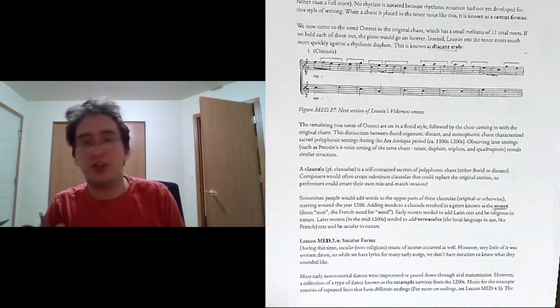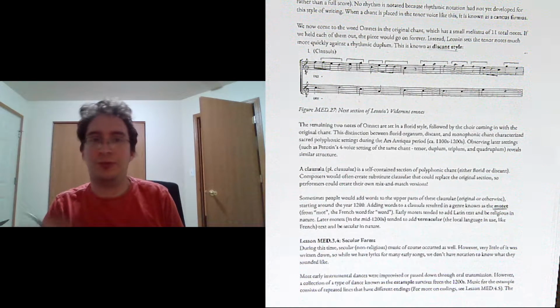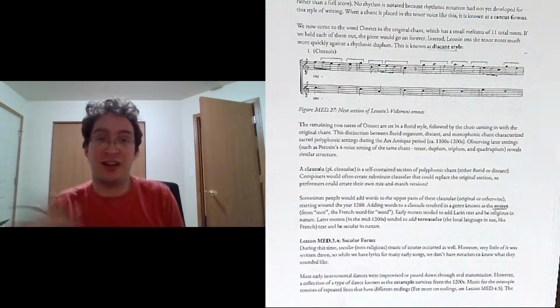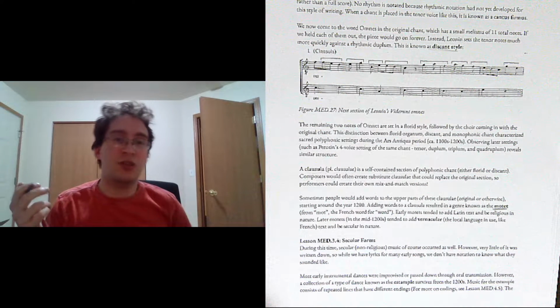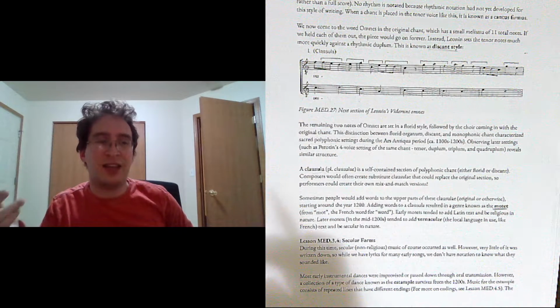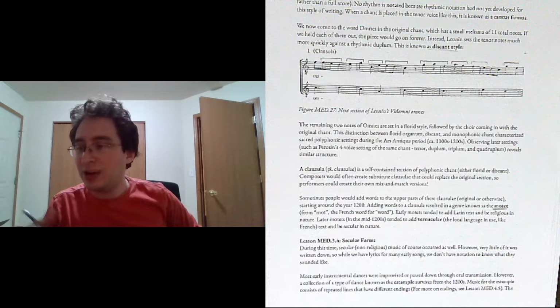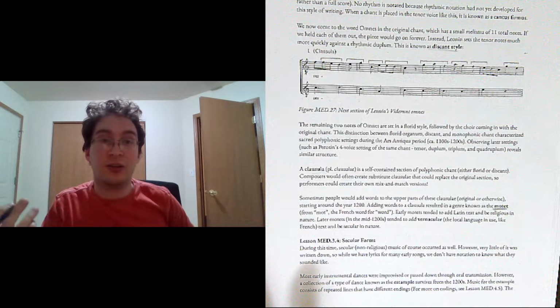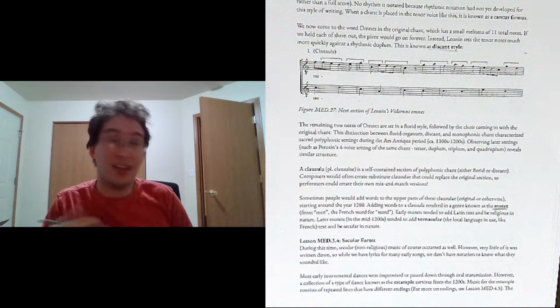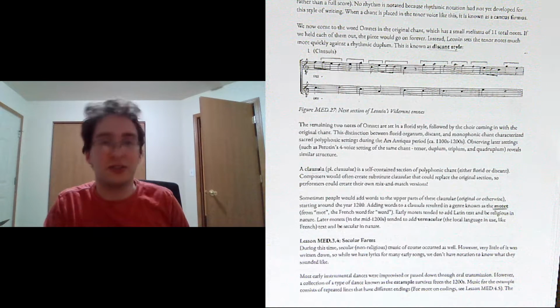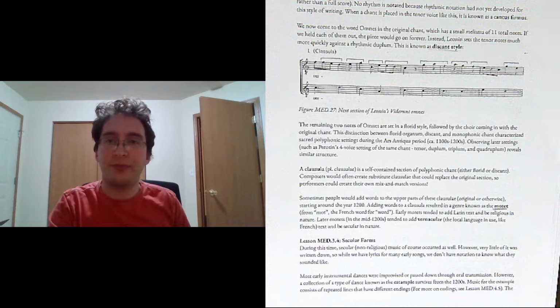Mot is the French word for word, so they're adding words to the upper part, so they just called it a motet. Exciting, thrilling. Early motets tended to be in Latin, have Latin text, and be on religious subjects. Later motets tended to be in the vernacular, or local spoken language, and be about secular topics like love songs, that sort of thing. So, take a look at some early polyphony, and I will see you next time.